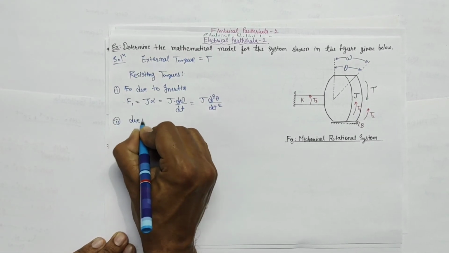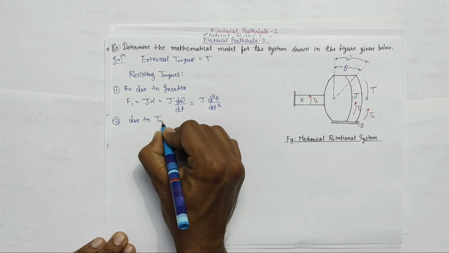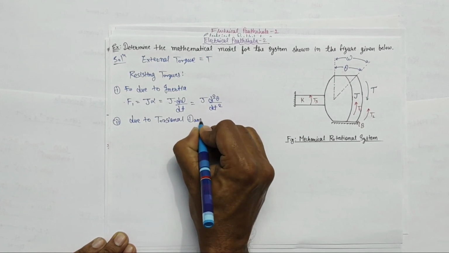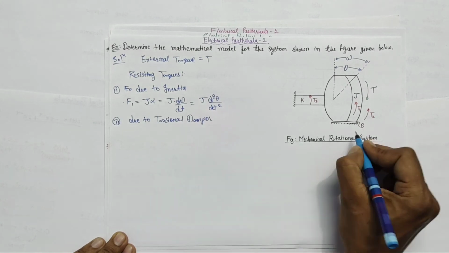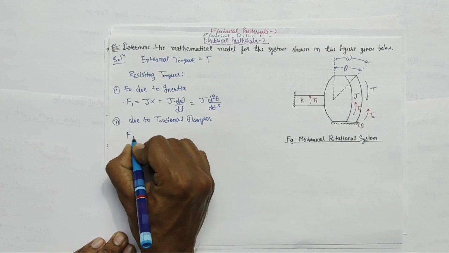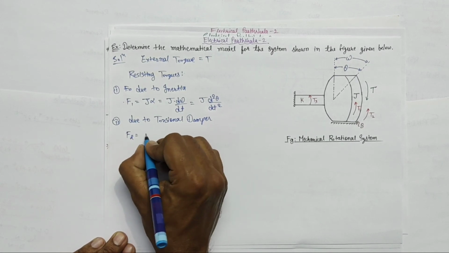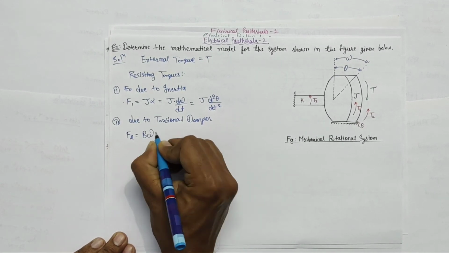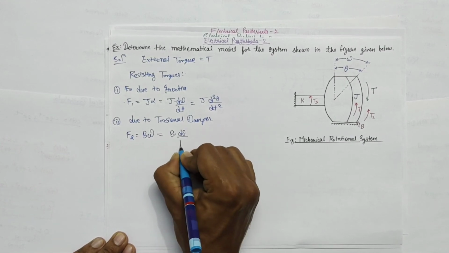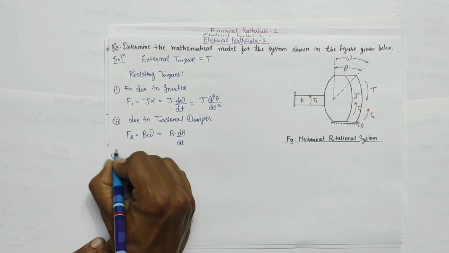The second resisting torque is due to the torsional damper element, or due to the friction present between the surface and the body, and this is given by T2 is equal to B into omega or B into d theta over dt.